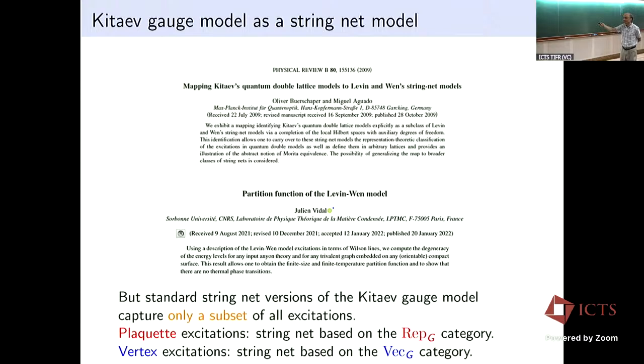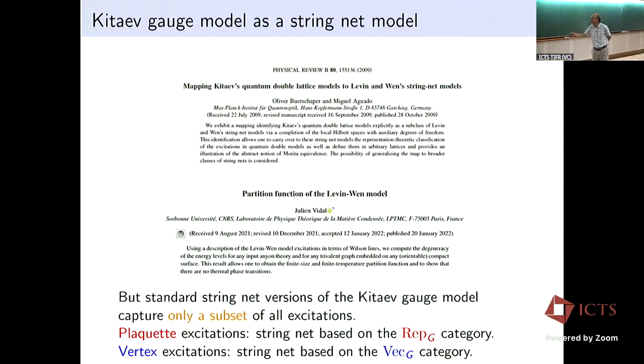He got an explicit formula for the partition function, which was based on the Moore-Seiberg-Banks formula on the TQFT side, that he could completely match with the lattice model enumeration of the states. So that was a very precise one-to-one correspondence.